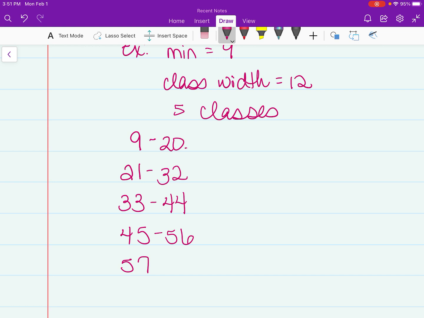So 20 plus 12 is 32, plus 12 is 44, plus 12 is 56. So to get the last upper limit, 56 plus 12 would be 68. And that would give you your classes. So that's the steps that you go through to get your frequency distribution table classes.